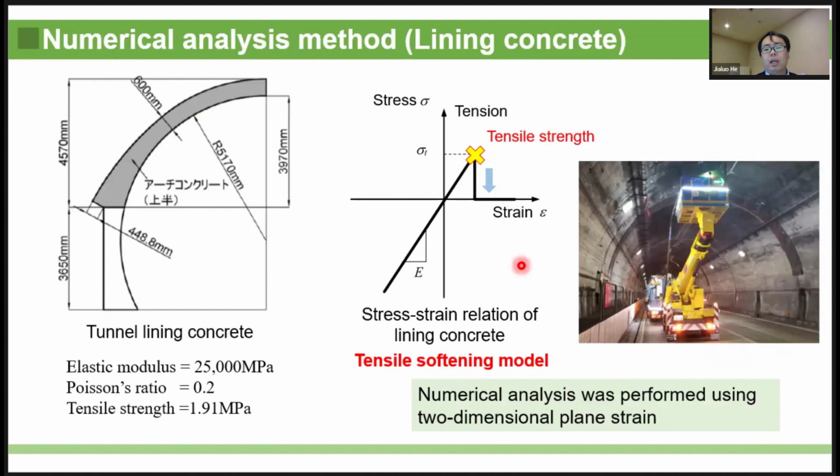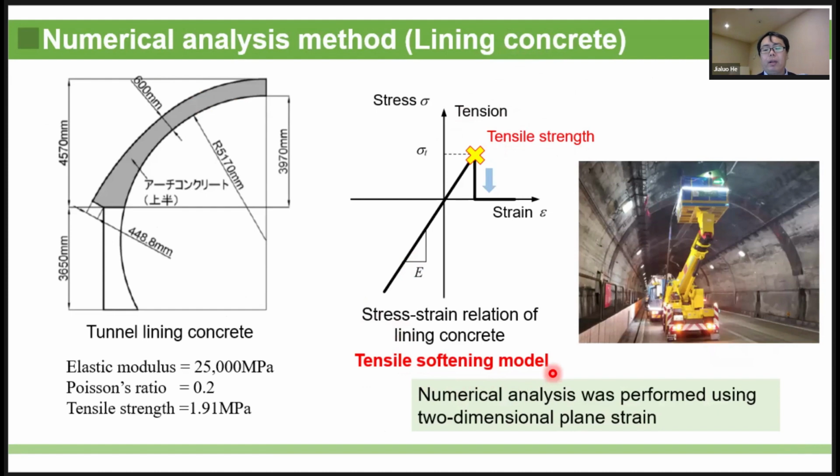This slide shows the numerical analysis method for lining concrete. The mechanical model of lining concrete is a tensile softening model. Tensile softening occurs when the tensile strength of the lining concrete is exceeded.